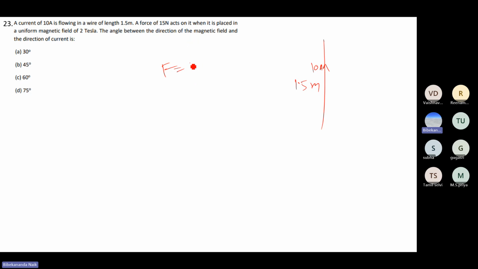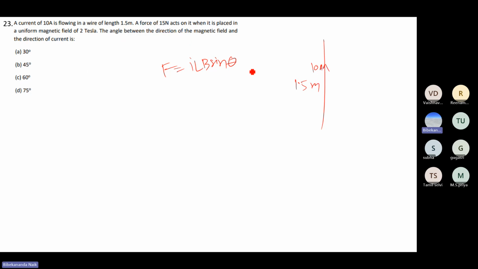F is equal to ILB sin theta, or I L cross B. Here we need to find the angle between the direction of the magnetic field and the direction of current.